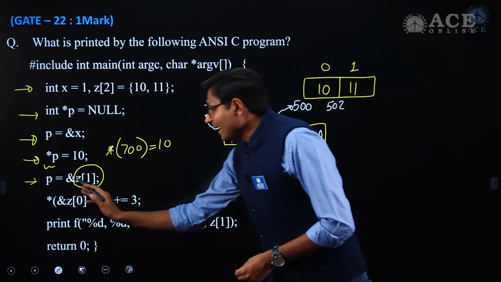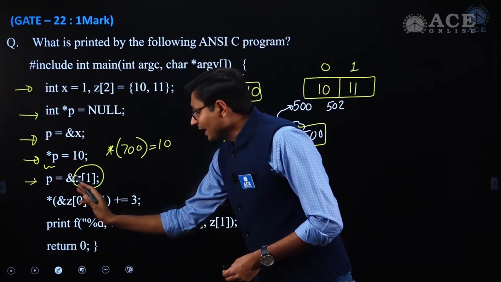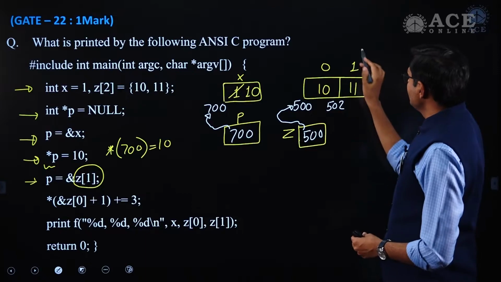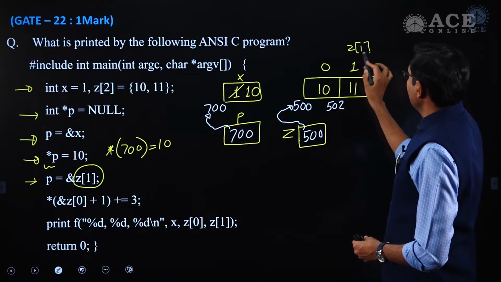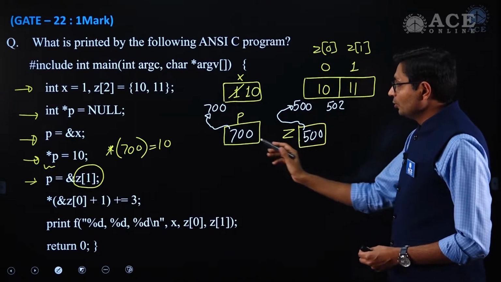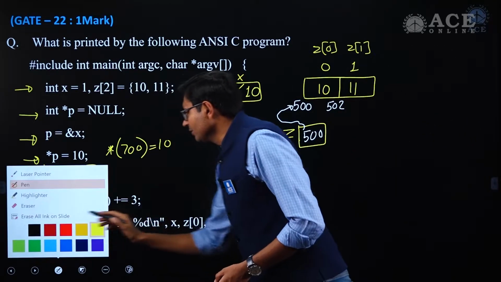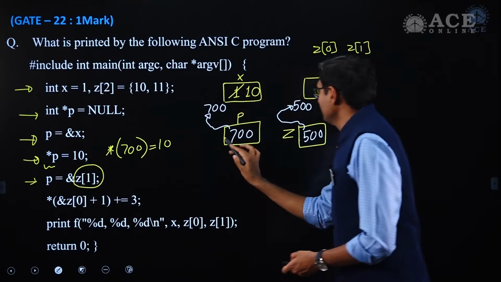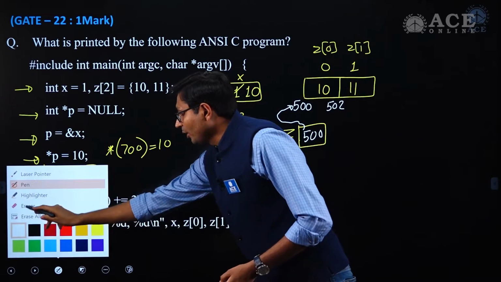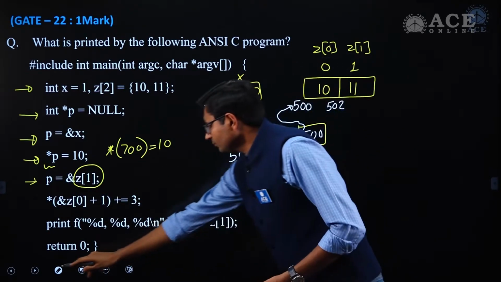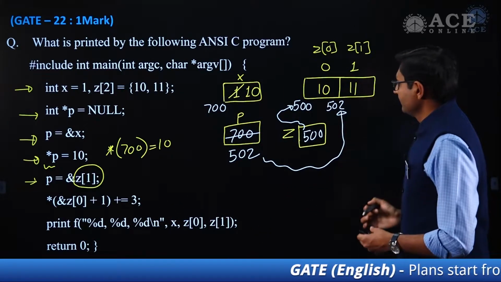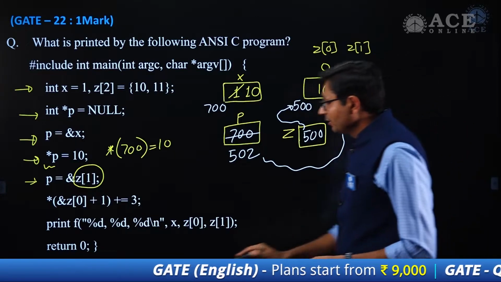Because there is an address-of operator here, the address of this element. This is z1 and this is z0, isn't it? So 502 I am going to overwrite here, alright. So this will become 502. So now this will point to this element, alright.